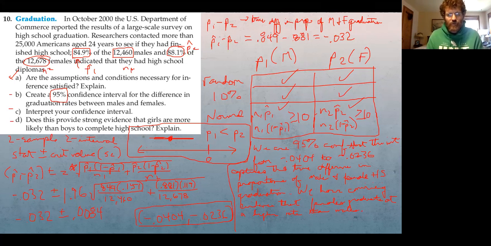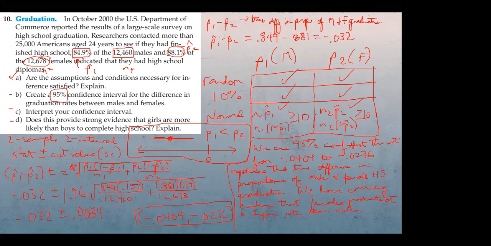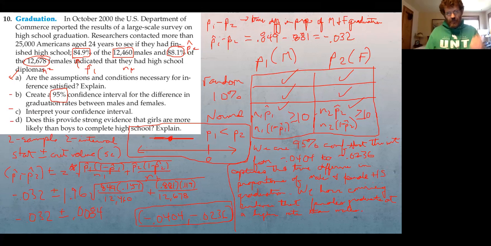But it's the difference between those two, because if you subtract two numbers, depending on the magnitude of each number, you could end up with a positive or a negative number, right? So if we end up with a negative number, then that means that our second proportion was bigger than the first one. And if that's true on both ends of our confidence interval, like it was here, then that means we're 95% confident that the true difference is going to be negative, which means P2 is bigger.